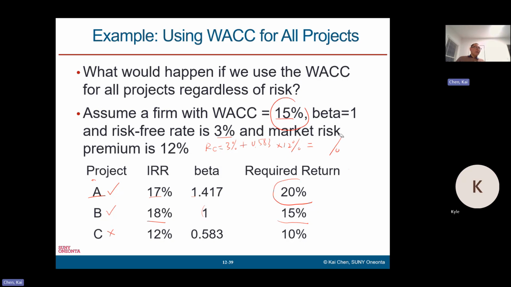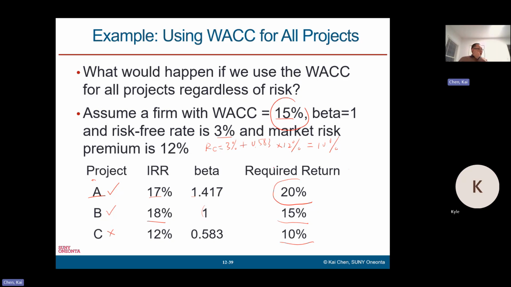Then we can get that number. That should be 10%. Okay, I put the number here. Now, of course, we should make the decision according to their specific risk, according to their specific required rate of return.